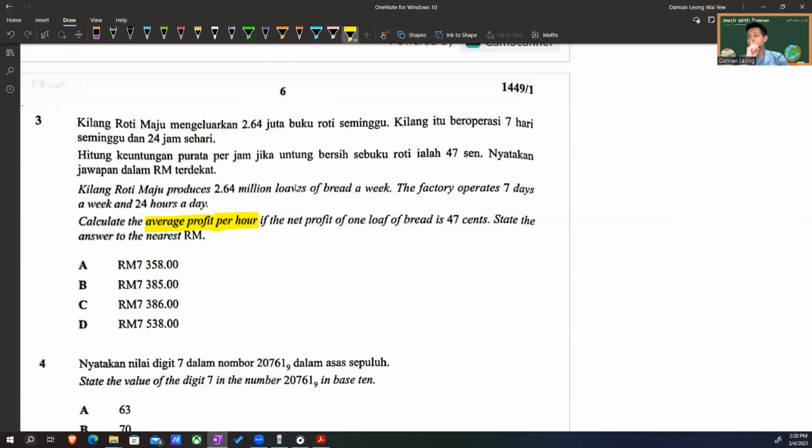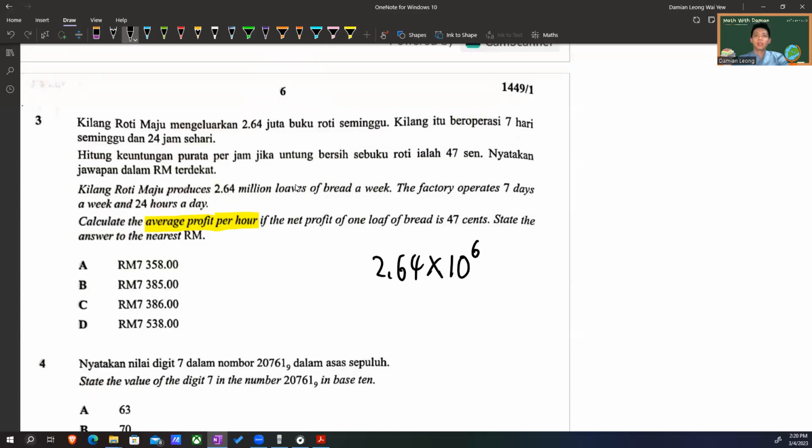So we count the net profit for the number of breads per hour. It's 2.64 million loaves of bread a week. Million means times 10 to the power of 6, 6 zeros. So this is 1 week.